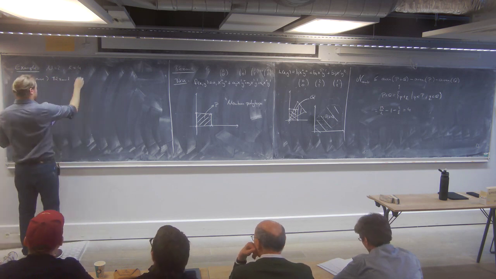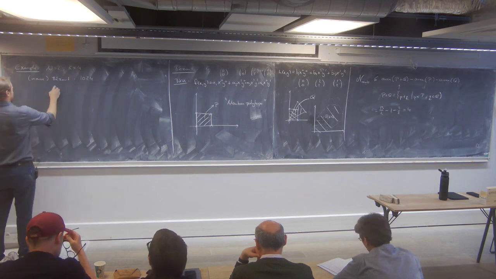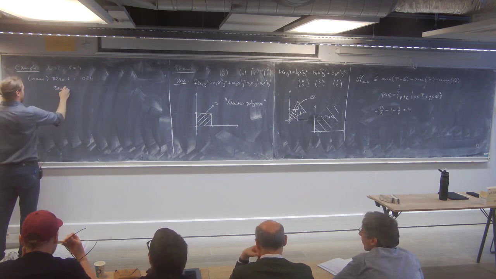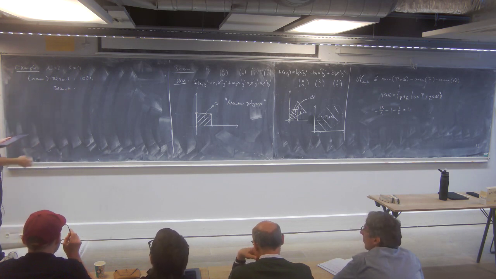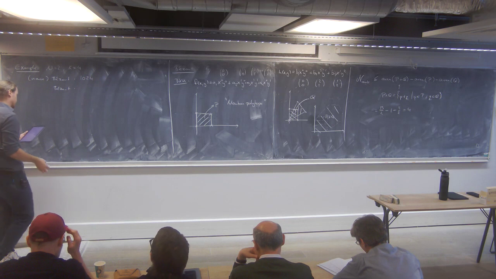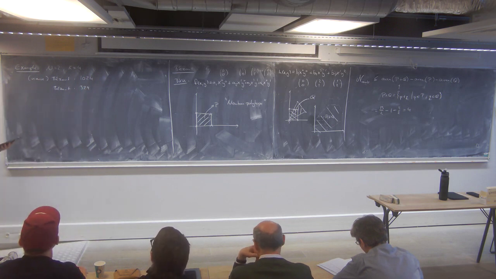And we have our naive Bezout was 10 to the 24. Then the improved Bezout, taking into account that the singles equations are only of order 3, gives you 324.